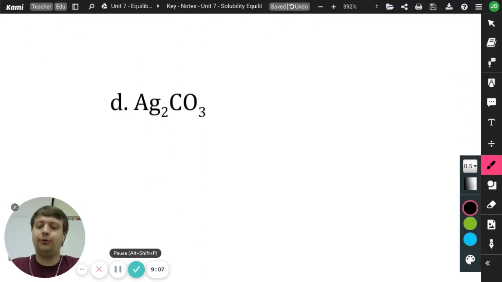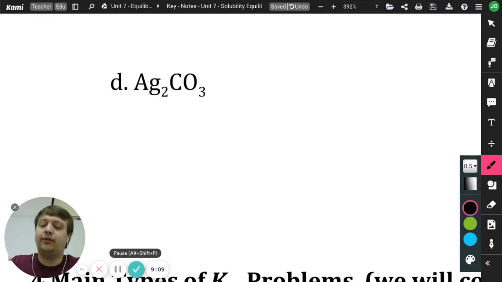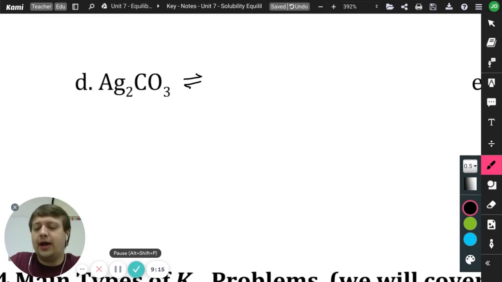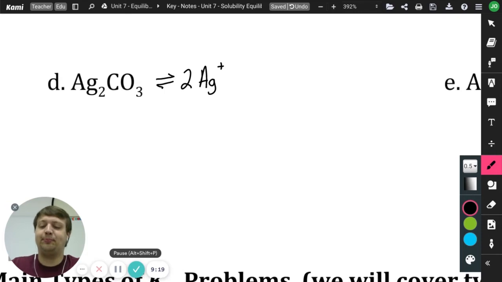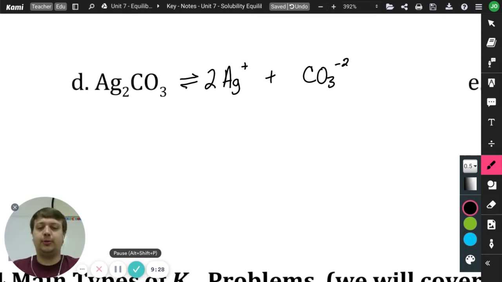And that would be all we do for that. So now I'm going to do D, where it says Ag2CO3. First off, we need to write our equation. So I have silver. This time there are two of them, so we would need a coefficient, plus our carbonate, which has a -2 charge. When I write my equilibrium expression, I know that my KSP is going to equal products over reactants.